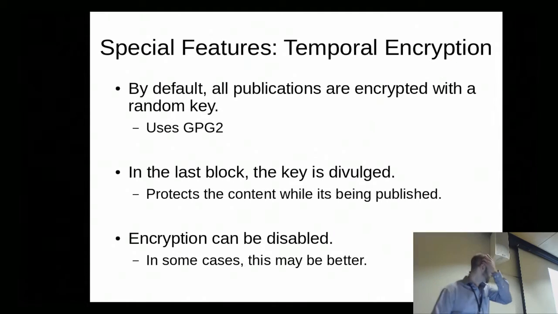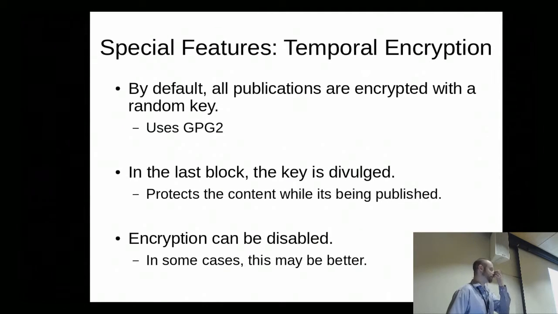So here are some special features that I have implemented. It by default supports temporal encryption. If you publish a file, by default it'll use GPG2 to encrypt the file with a random key, and in the last block the key is divulged. This protects the content while you're publishing, which might be a very useful feature to have.